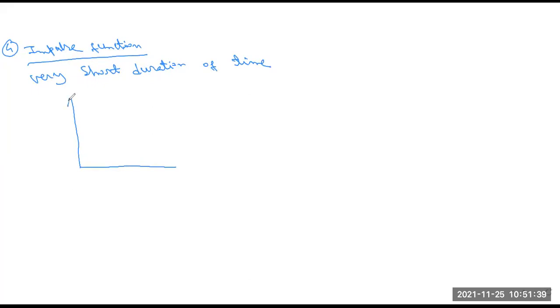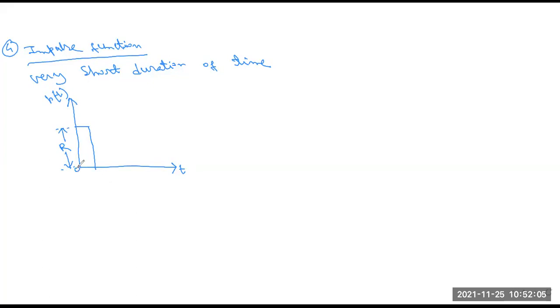This is the input function, r(t), with respect to time. When it starts, for a little bit of time, it has a value R, the value of the impulse function.